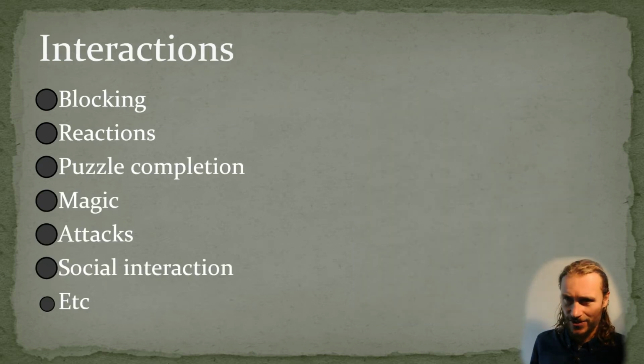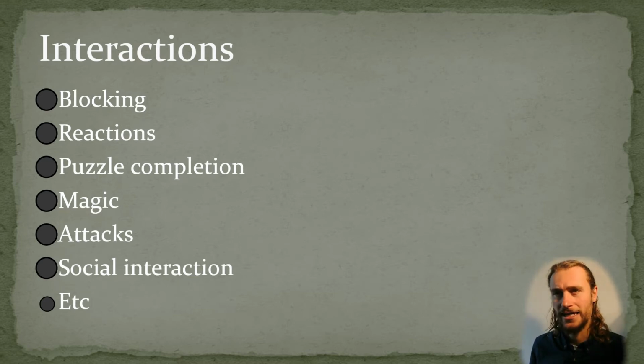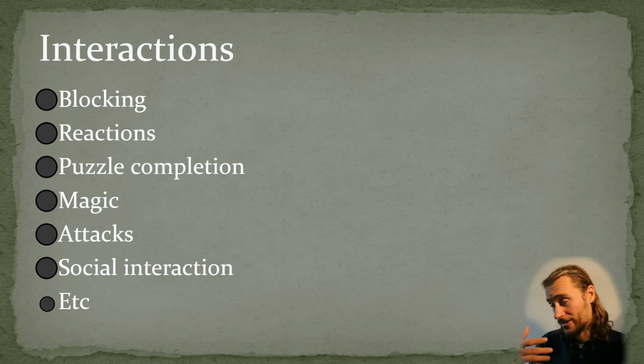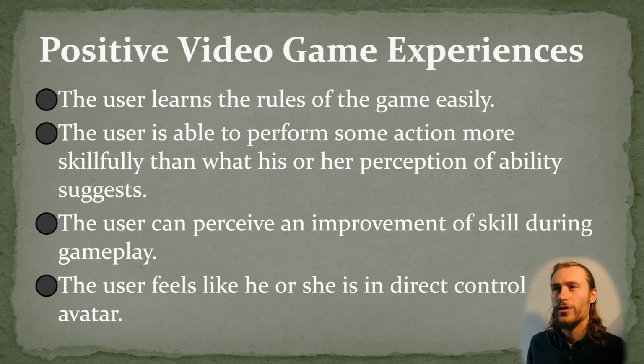So interactions, you have blocking, you have reactions, you have puzzle completion, you have magic, attacks, social interaction, etc. That's what you can think of within the interactions, right? There's also interaction of the GUI. So what are positive video game experiences? The user learns the rules of the game easily.